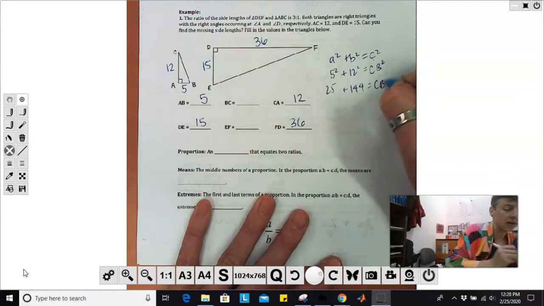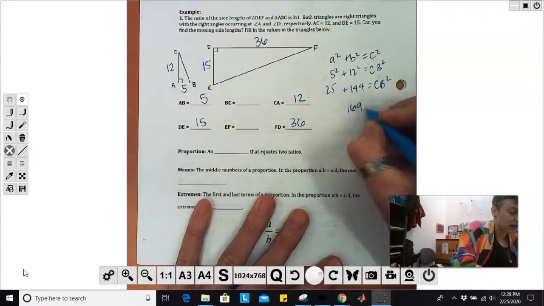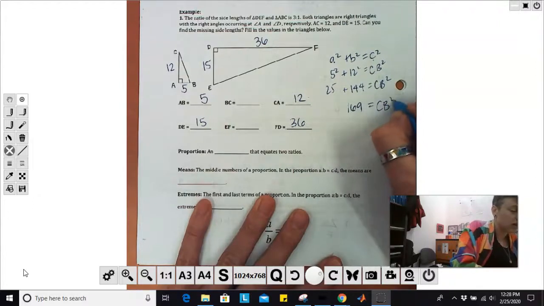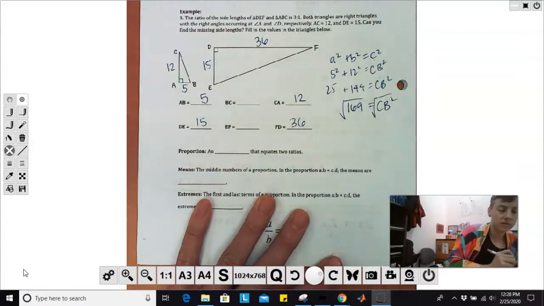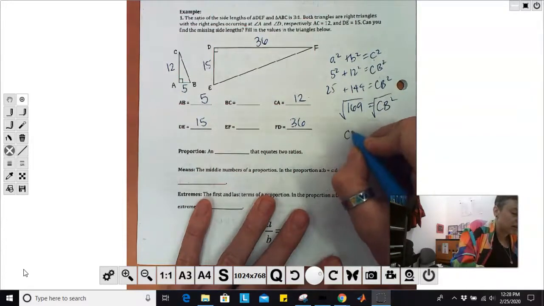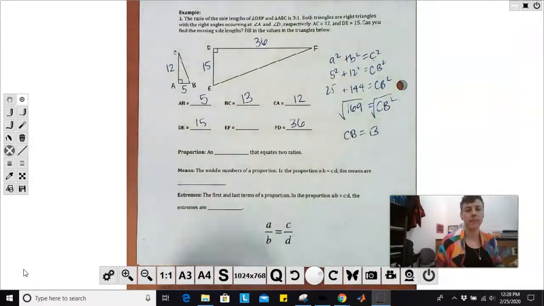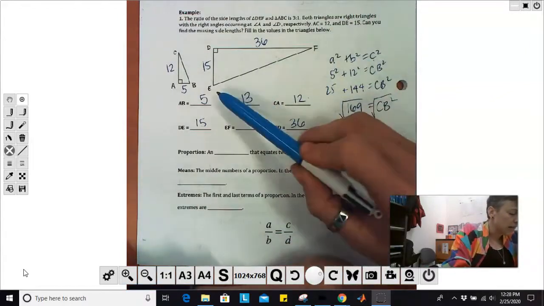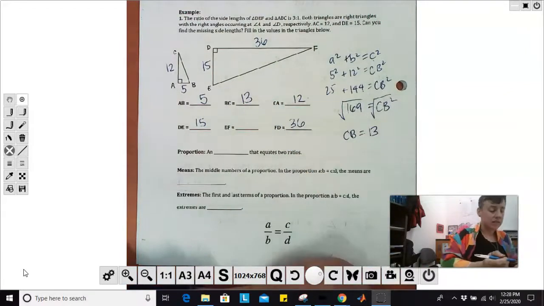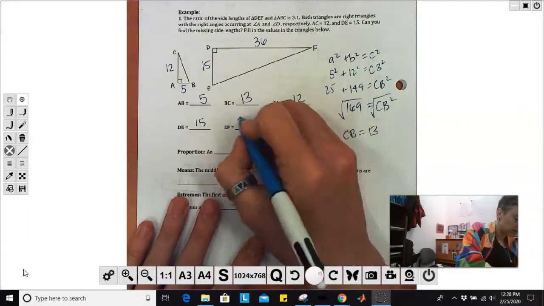Add those together, we get 169 is CB squared. Take the square root of both sides, and we get that CB is 13. CB is the same as BC. So then we know that EF is 3 times as big as BC. 3 times 13 is 39.